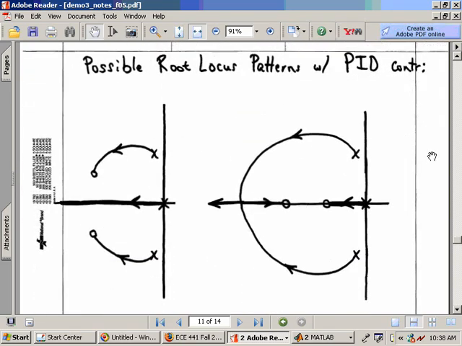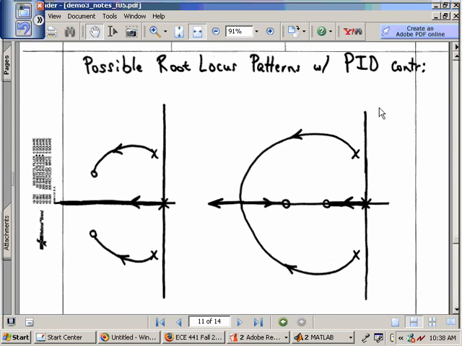Here are some possible patterns for a system controlled with a PID controller. We could locate those PID controller zeros to be complex and far enough into the left half plane so that these complex open loop poles are pulled towards those zeros.